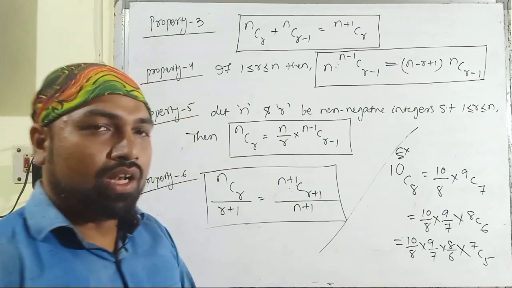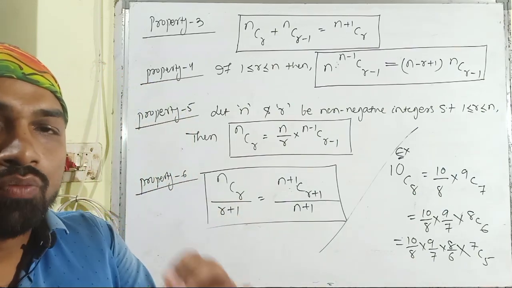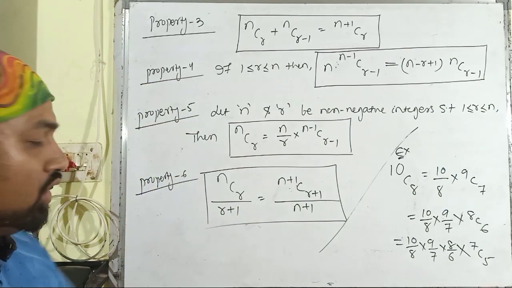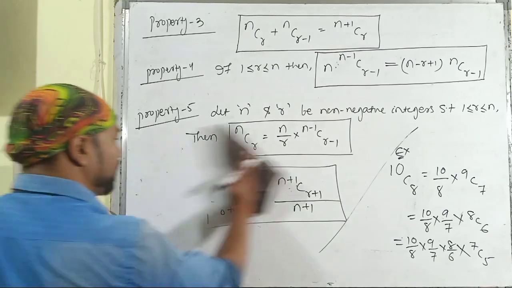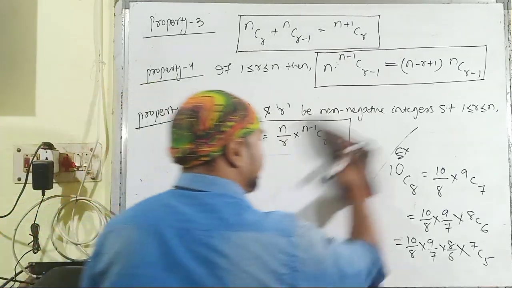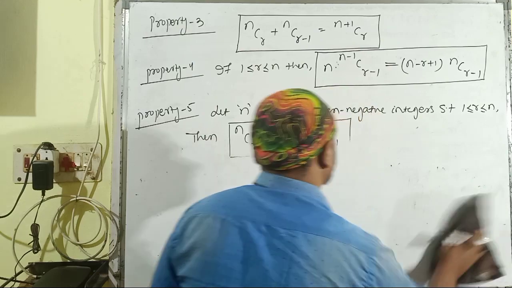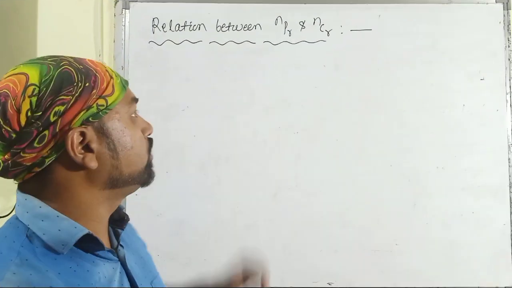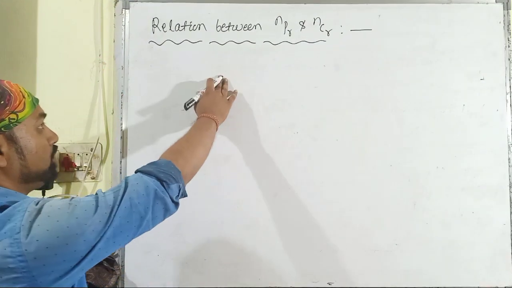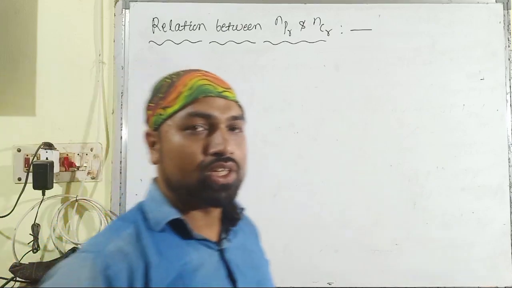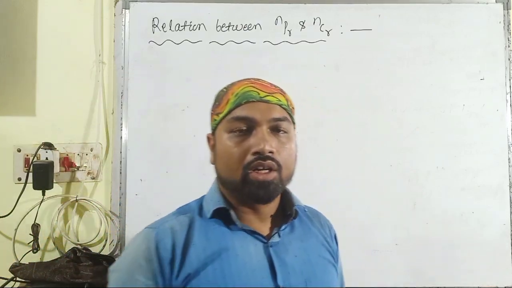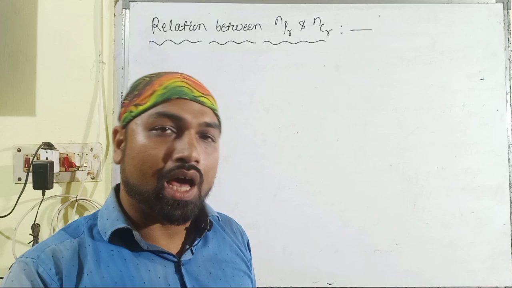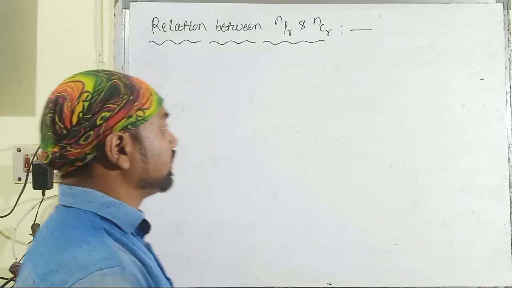Then at last let us go through the relation between permutation and combination of n different objects taking r at a time. At last, we discuss the relation between NPR and NCR, considering n different objects taking r at a time in both of the cases.